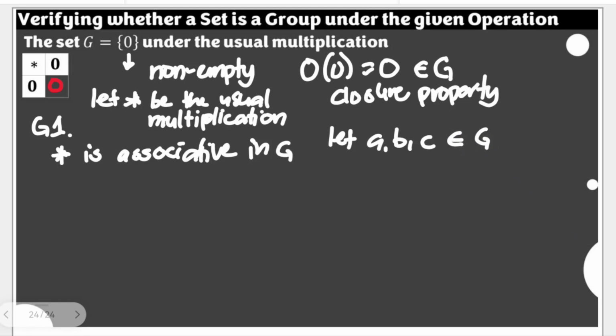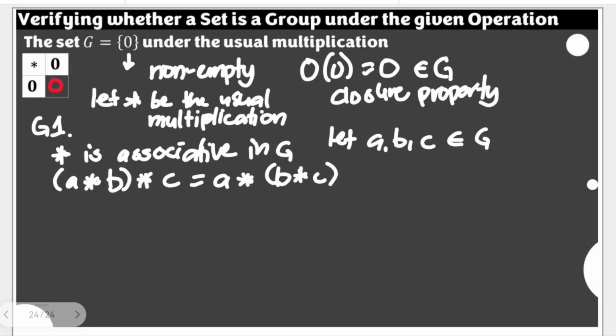That would mean all of them are 0. Just for the purpose of establishing that (A star B) star C is the same as A star (B star C). So under multiplication, we have here A times B.